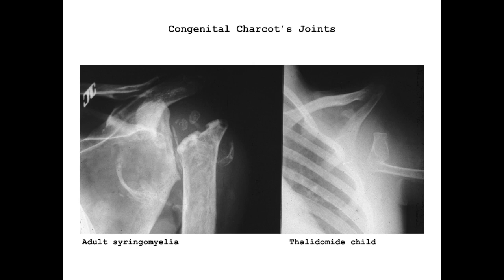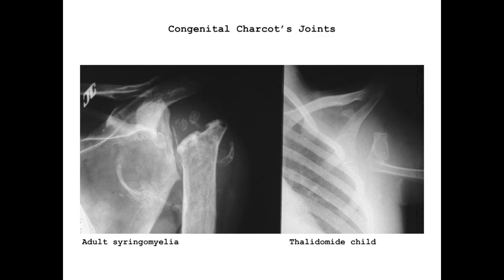Dislocations were commonly seen in thalidomide children's joints. And here is the shoulder joint of a thalidomide child on the right, compared with that of a woman with syringomyelia on the left. Both have Charcot's neuropathic joints, characterized by flattening of joint surfaces on both sides of the joint without any loss of bone density, and painless dislocation.